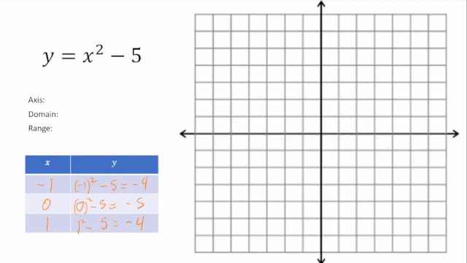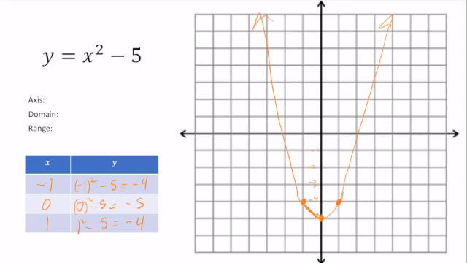When x is -1, y is -4. When x is 0, y is -5. And when x is 1, y is -4. So my parabola is going to look like this, right? Maybe not exactly like that, but it's a very good sketch.